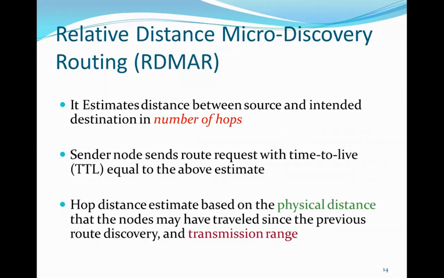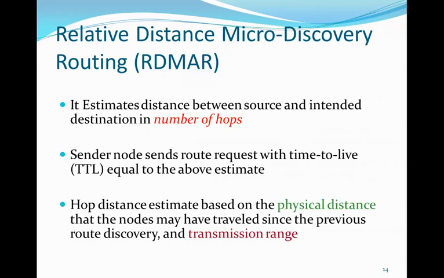So here you can see in the DREAM protocol, it also estimates the distance between source and intended destination in terms of hops. So the TTL field will carry the number of hops, that is, how far node D is from the source node.